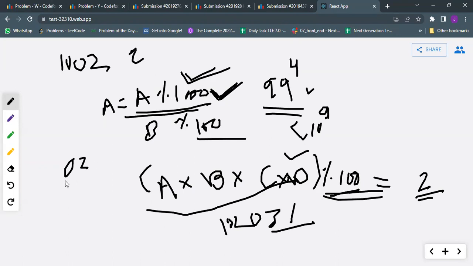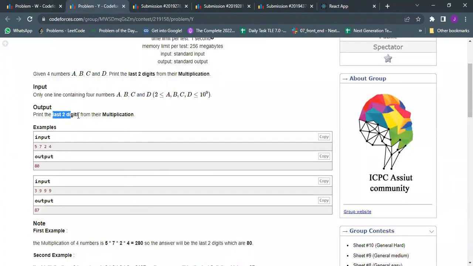But you need to print 02, because the problem says you have to print 2 digits. Print the last 2 digits. If you take modulo 100, then the last 2 digits are 2 here. So you can't print 2, you have to print 02.